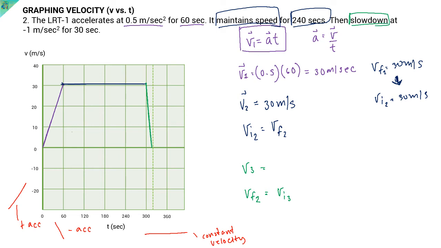So what do we mean with the slopes? So the slope in a velocity time graph is the change in velocity over the change in time. And as per definition, the change in velocity over time is actually acceleration. Okay, so if this is 30 and you have 60, 30 divided by 60, you're going to have 0.5 or 1/2, which makes sense because that's our acceleration here.